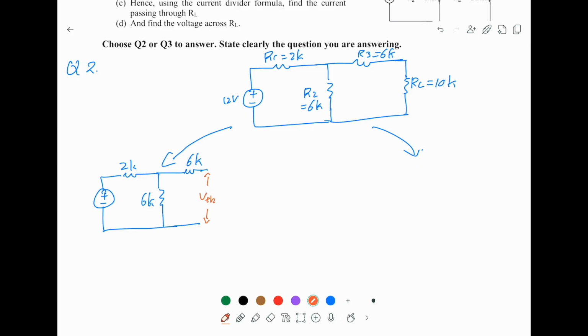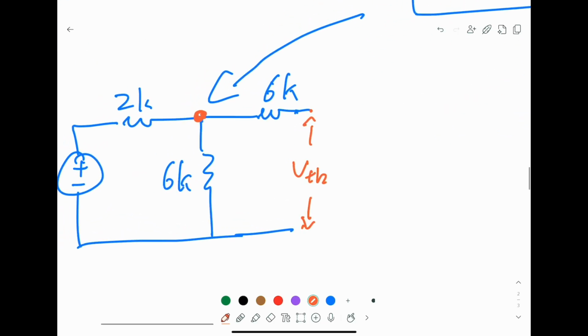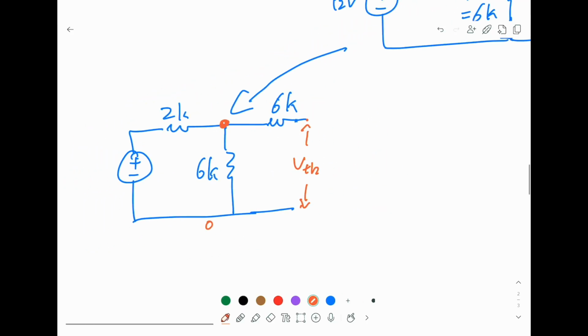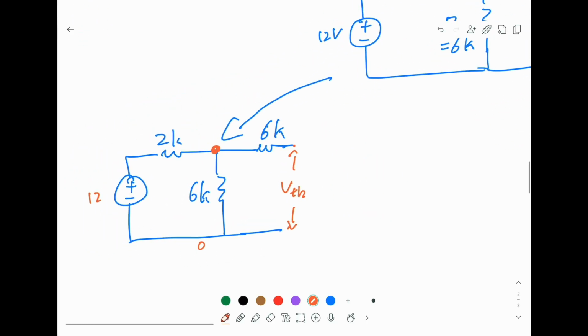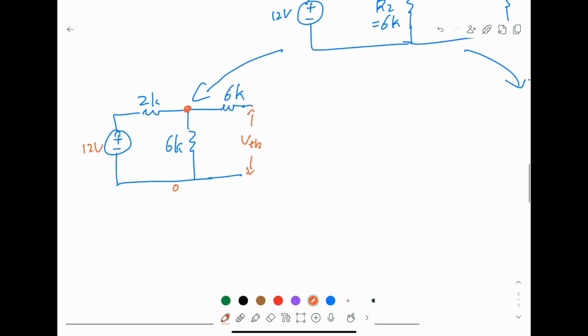Now this voltage, we discussed this one in tutorial. I hope you remember the argument. This voltage is the same as finding the voltage at this point. This is an important point. If this one is 0 and your source here is 12 volt, you must be able to see that this part is a potential divider.